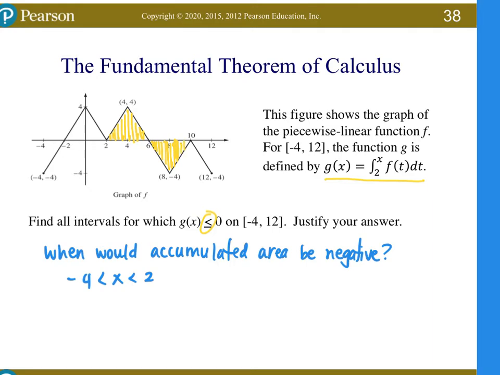When I finally get to the number 10, there's a complete canceling out of the positive and negative area. So when I go beyond 10, I'm accumulating more negative area than positive area. So from 10 to 12, I also will have a negative accumulation.